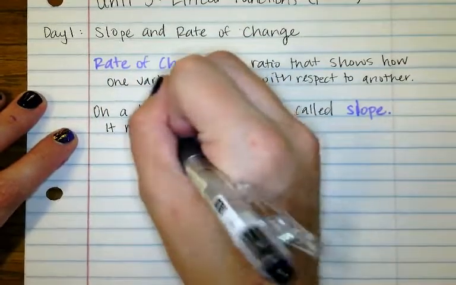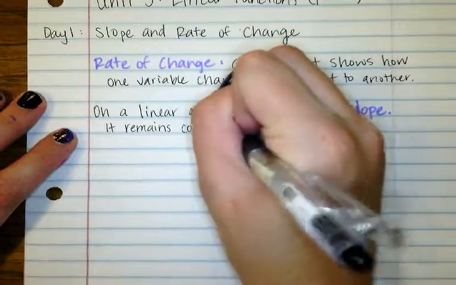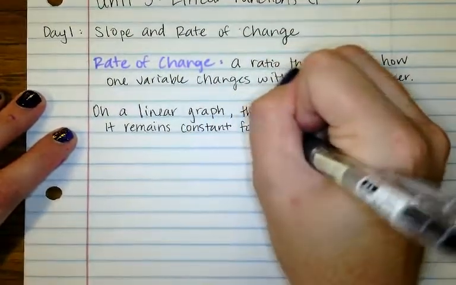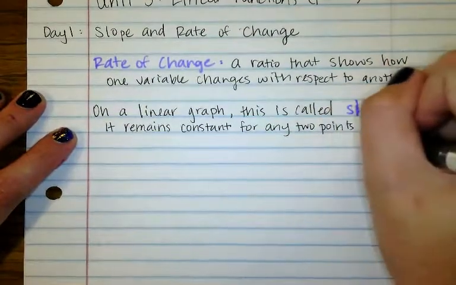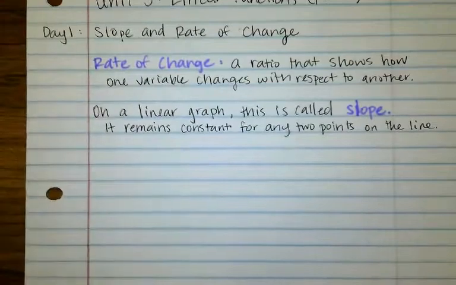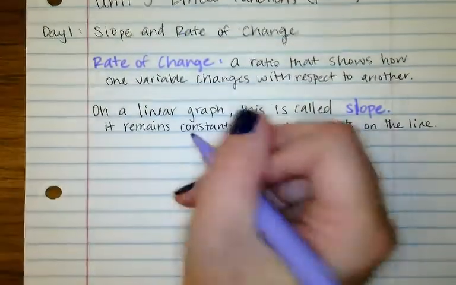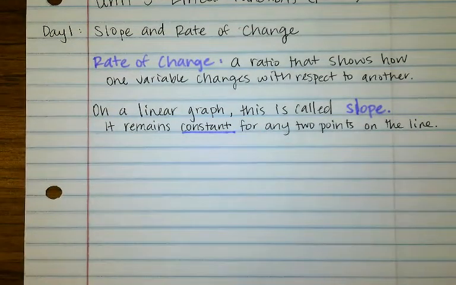This rate of change remains constant for any 2 points on the line. So we are going to be talking about a constant rate of change, okay? And that constant rate of change is going to be called slope, okay?